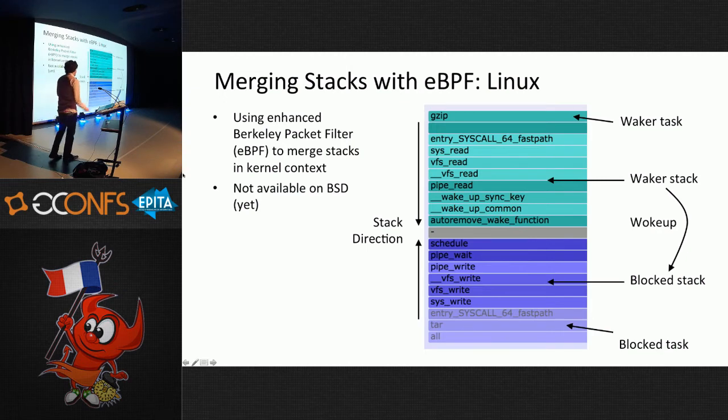And so this example is from Linux, and that's where in the kernel I can merge the waker stack with the blocked stack. And so you can see tar, this is tar blocking, and then here is the waker stack that woke us up.